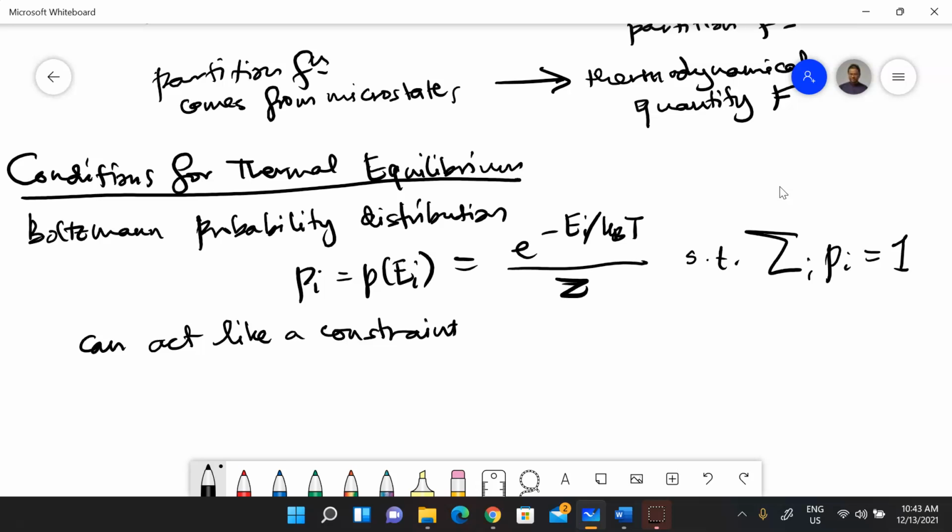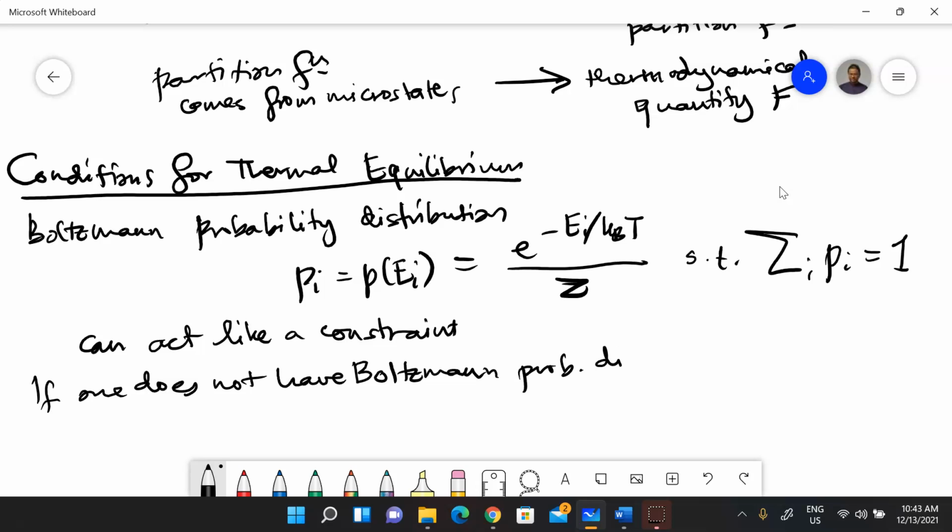One can say that if one does not have the Boltzmann probability distribution, then the system is not in equilibrium.